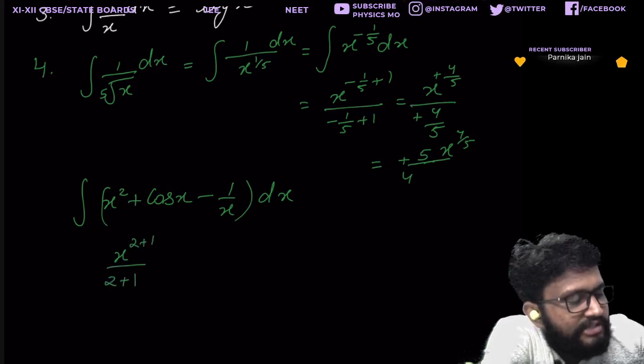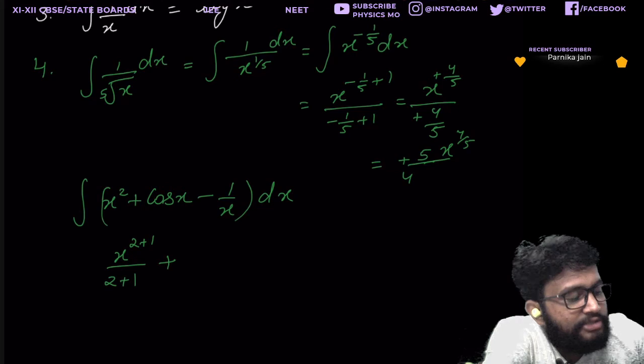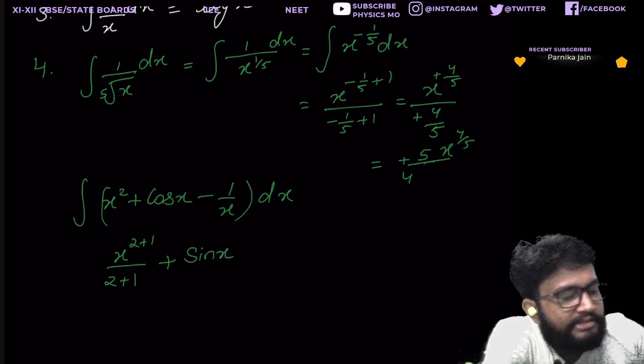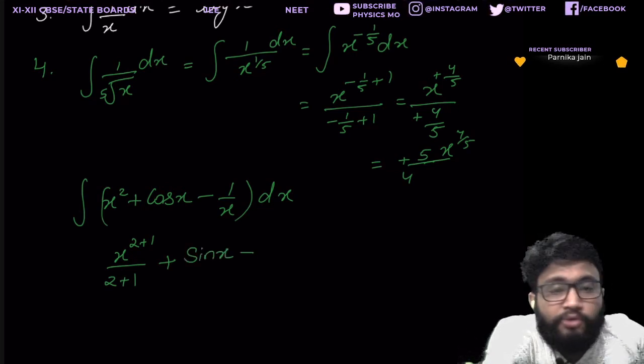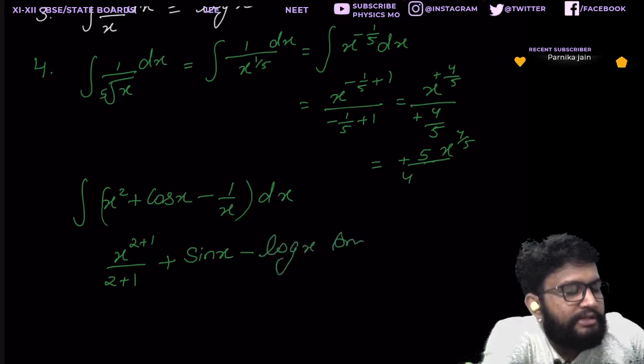Then cos x is directly the differentiation of sin x, so the integration of cos x will be sin x. Then minus, and what is the integration of 1/x? log x. So this will be your final answer.